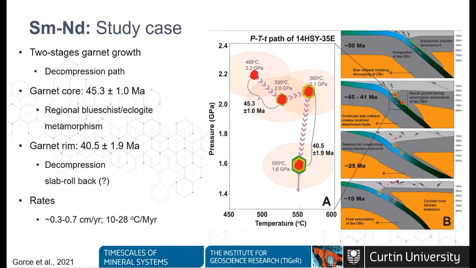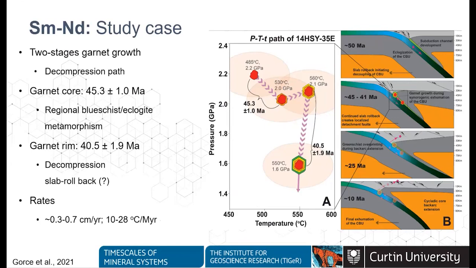So the garnet core at 45.3 plus minus 1 takes the original blueschist metamorphism, which was thought to be older before. Well, there is some evidence that in other places it goes to 60 million years or 50 million years. And the garnet ring is already the decompression of the subduction system at 40.5 plus minus 1.9 million years, that they associate with the slab rollback of this subduction.